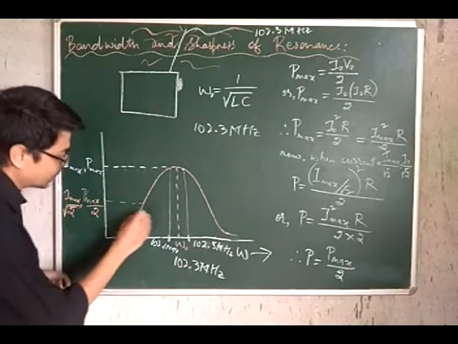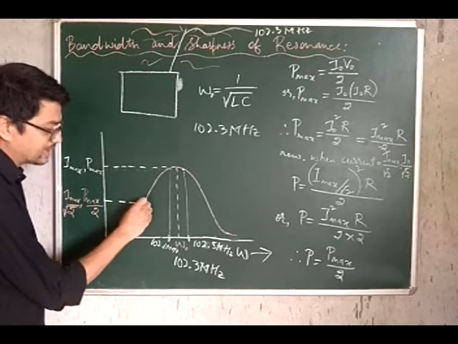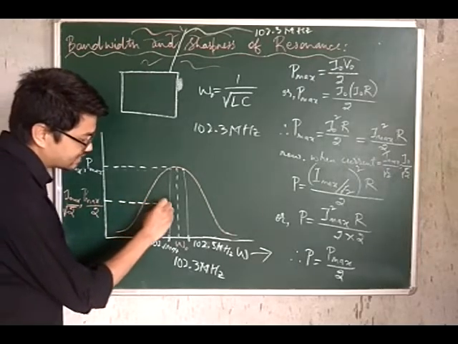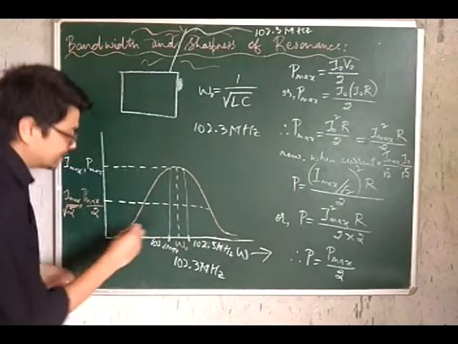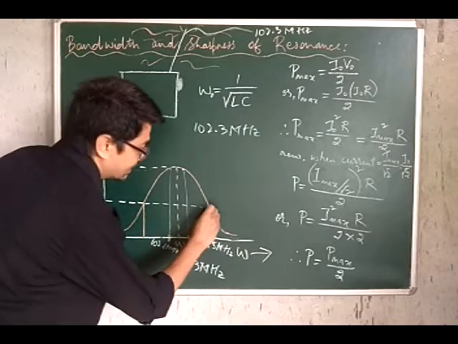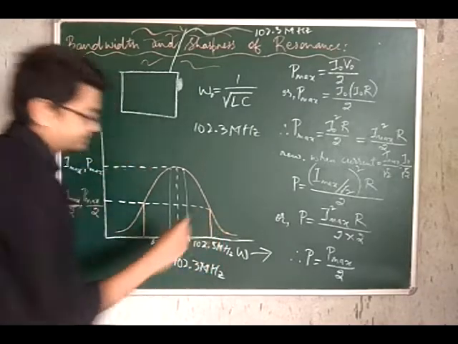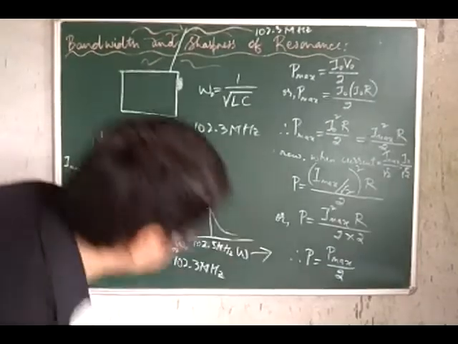Before we go into this, you can see this value is the P max by 2 or I max by root 2, and corresponding to this value of power or this value of current, you get two values of the angular frequency. This is called omega 1 and the other is called omega 2.